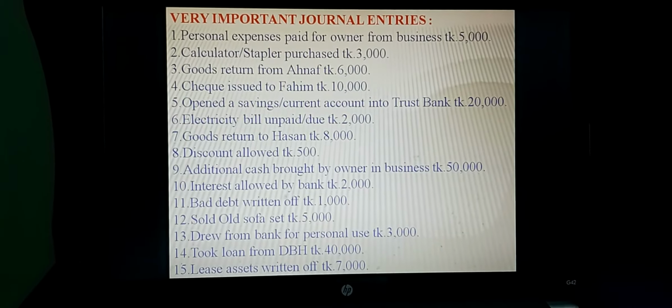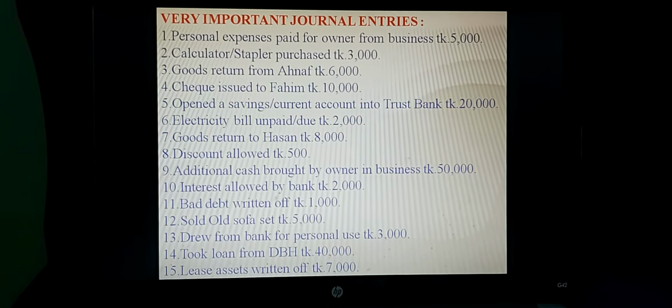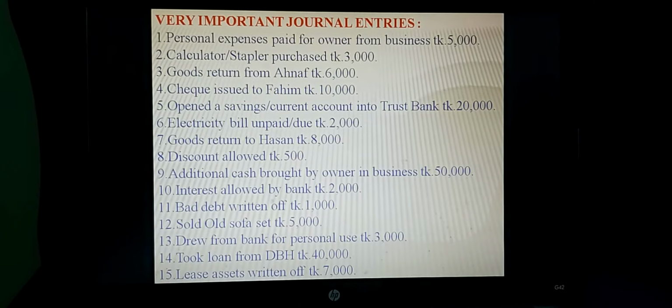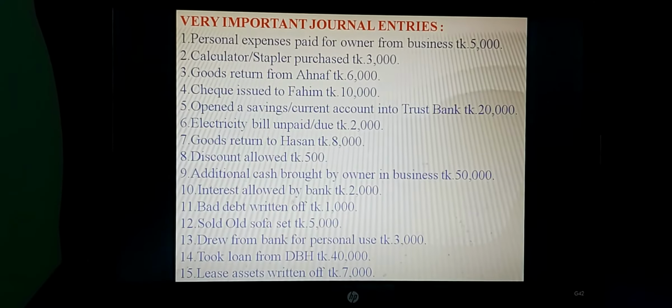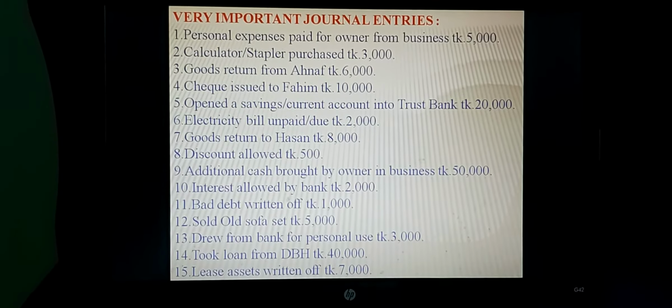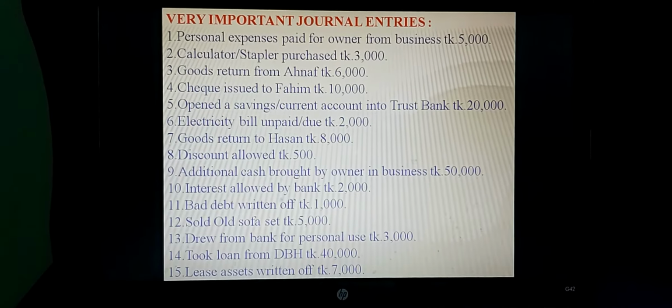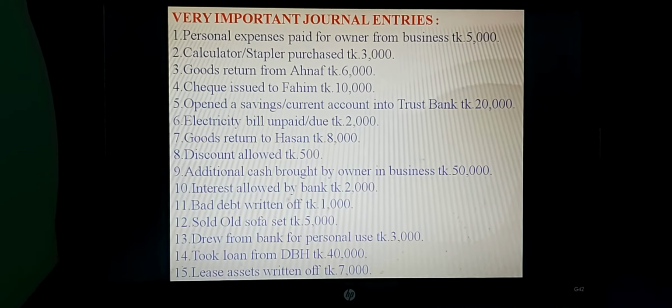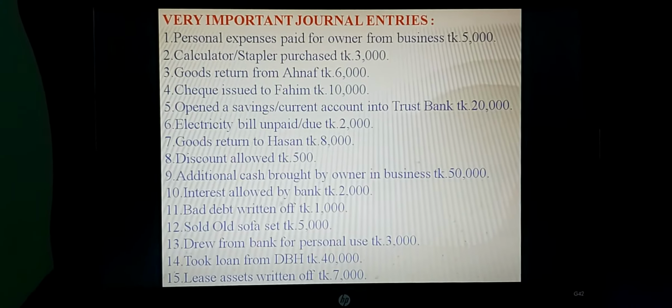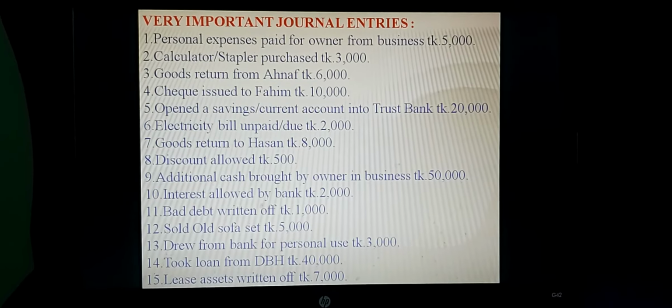Okay, number 7, goods returned to Hassan. The transaction number 3, return from, that is sales return. So at this moment return to, it must be purchase return, that is another name return outward or return to supplier, return to creditors.